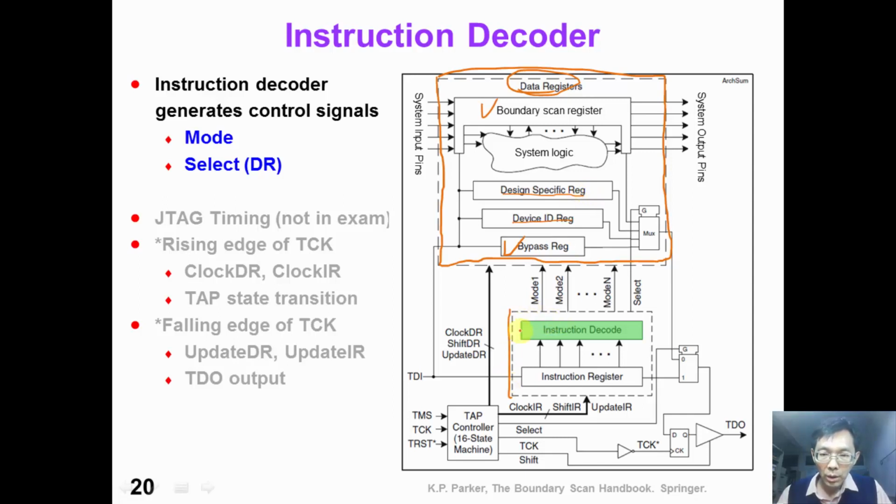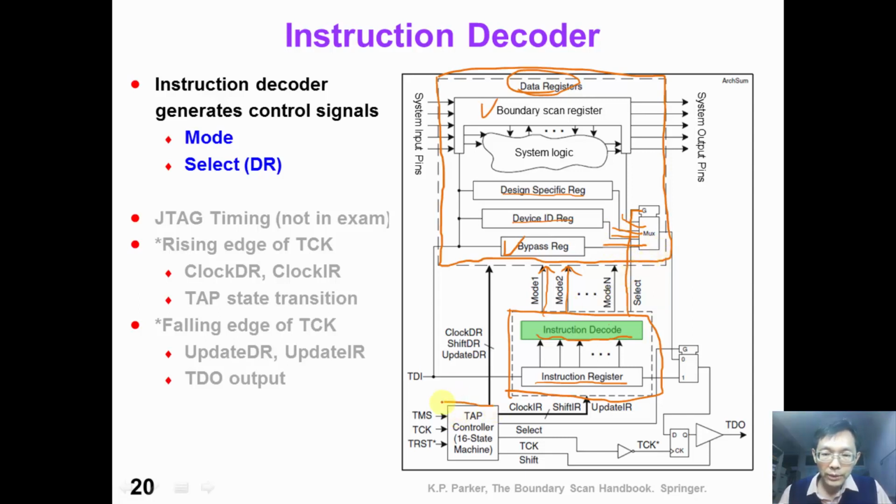In the middle of this figure, we see instruction register and the instruction decoder highlighted. The instruction decoder generates control signals such as mode to the data register. It also generates the select signal, which controls the scan output for the data register.